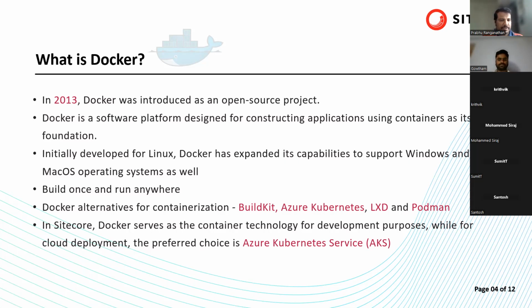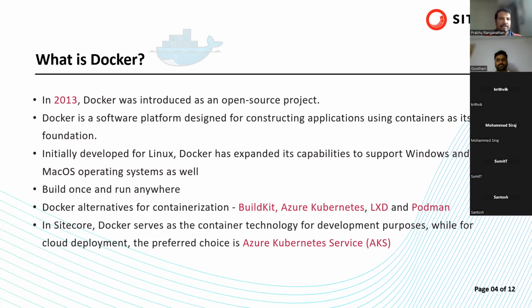We have alternatives to Docker for containerization. As I mentioned earlier, container is a different concept and Docker is a software platform. So instead of Docker, for containerization, you can even go with BuildKit, Azure Kubernetes, LXC, Podman, and many more tools available in the market.